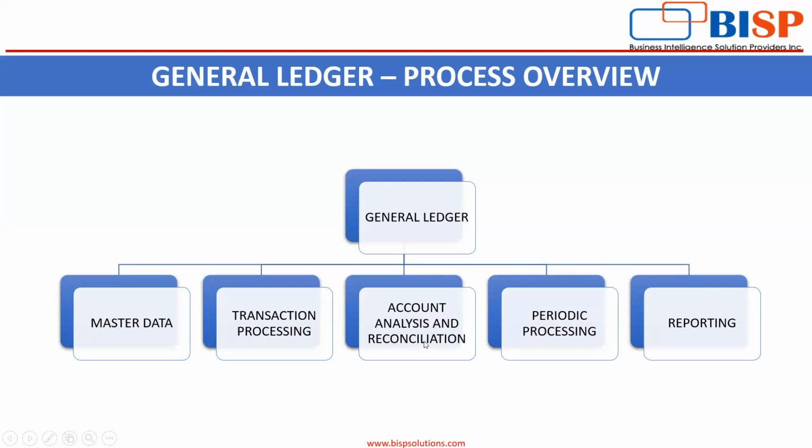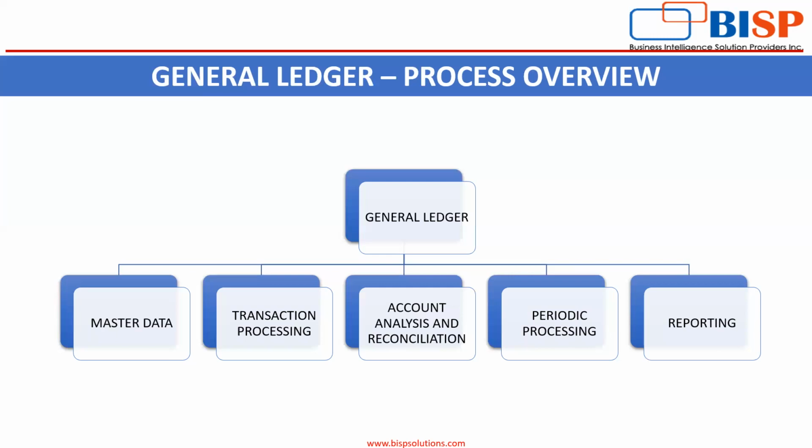Then there are also some month-end or periodic closing activities that have to take place, which are called periodic processing. Then all this data is presented in the form of reporting that we see as financial statements.